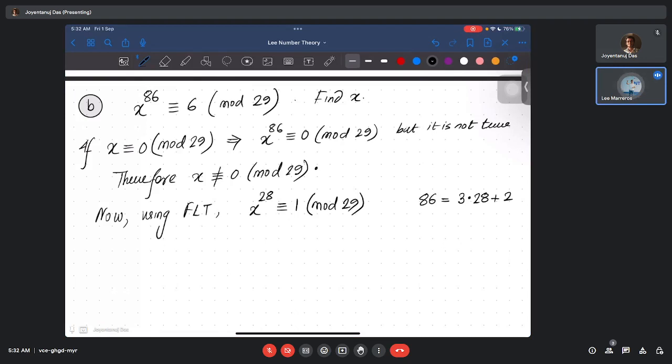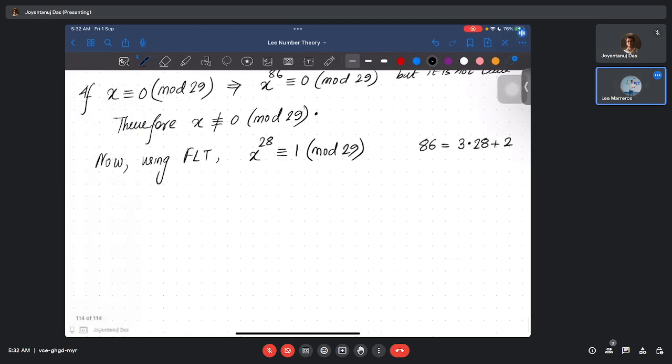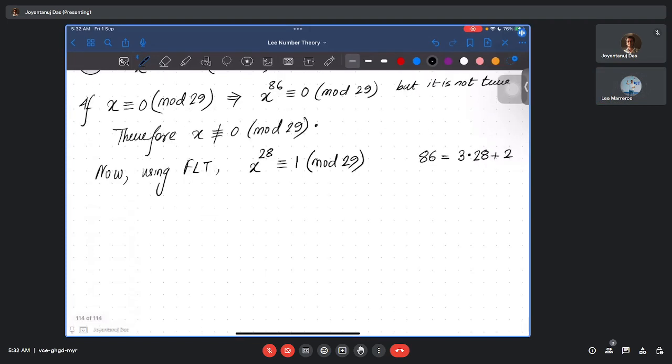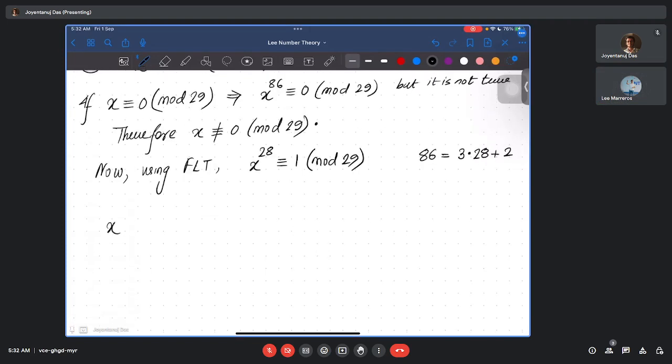So we can write x power 86 as x power 3 times 28 plus 2, so x power 28 whole cube times x square.